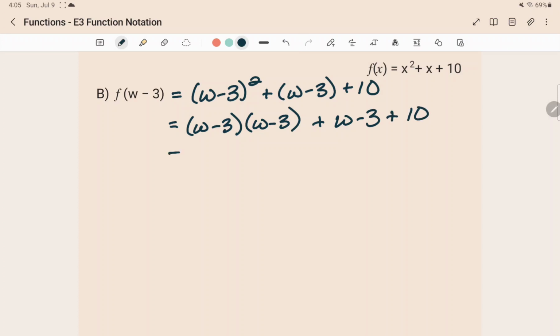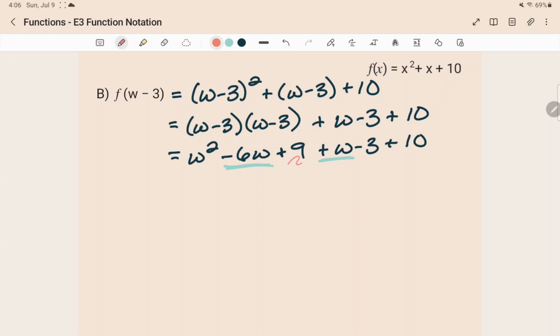Okay, distribute. You'll get w times w is w squared. You'll get a negative 3w and another negative 3w, so altogether negative 6w. And then negative 3 times negative 3 is positive 9. I'm going to rewrite the rest. And now I do have like terms. So I've only got one w squared, but I have a negative 6w and a positive w.